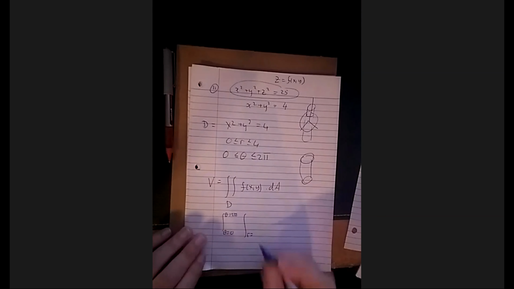So top function converted into r's and thetas, in this case really r's, take away second function. That's the second function, which ends up being r. This one, when you do a bit of work on it, ends up being this. Big one, take away little one.